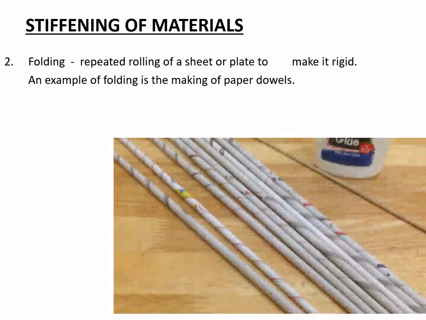Your paper dowels will always be strong towards the center, because that's where most of the repeated folding came, and it becomes a little bit weak towards the ends. That's why it's important to cut the ends off.